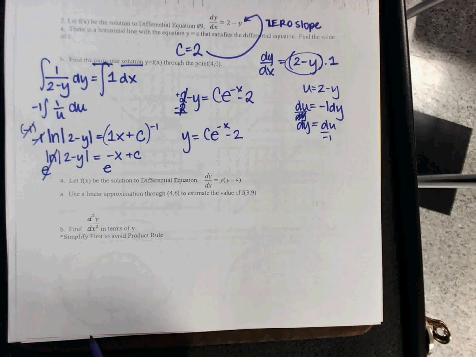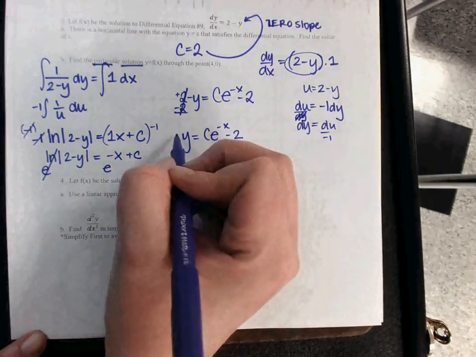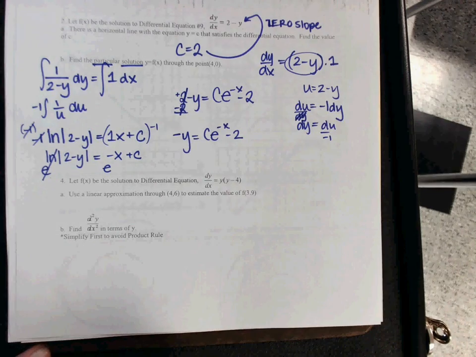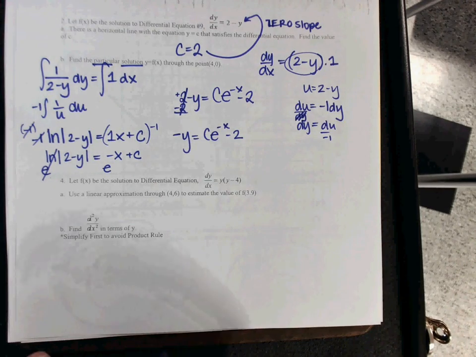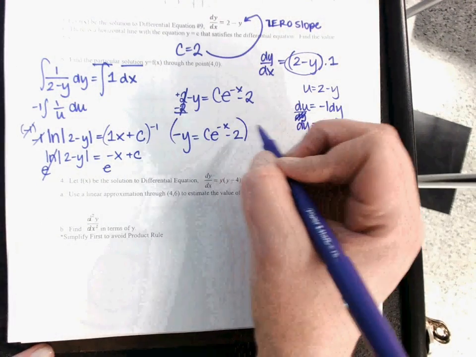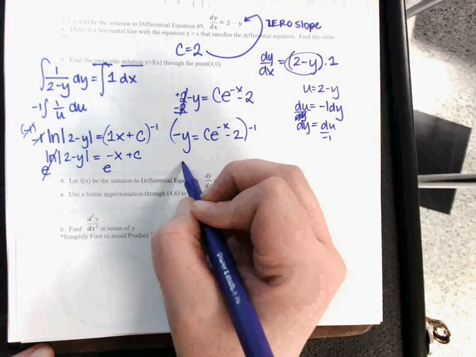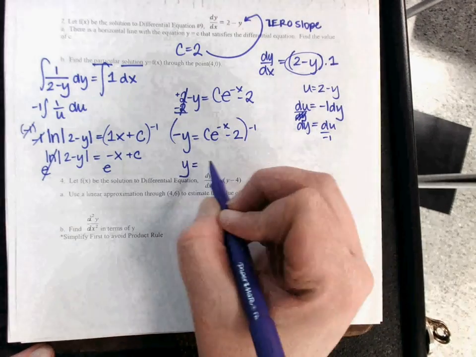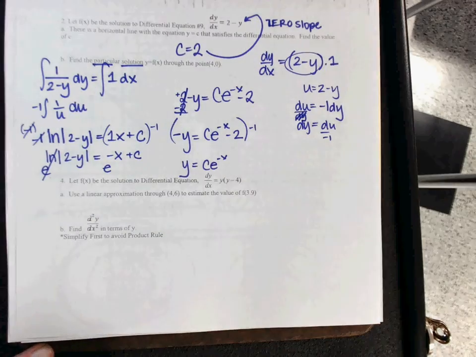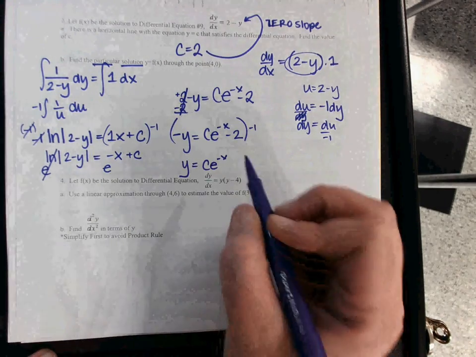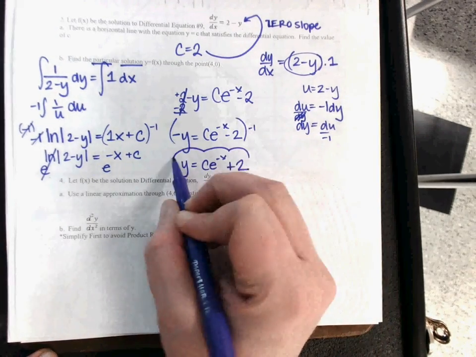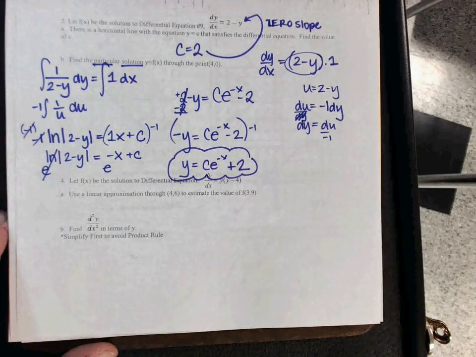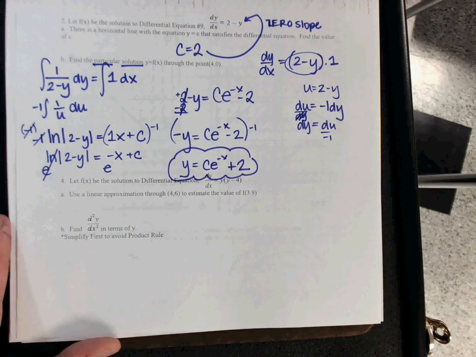No, it's not. What goes in the front still? A negative. And so if you need to get rid of that negative, then you're going to have to multiply by -1. What things are going to change when you times by -1? It'd be a positive y. C e to the negative x stays the same, but then my -2 is now a +2. Okay?